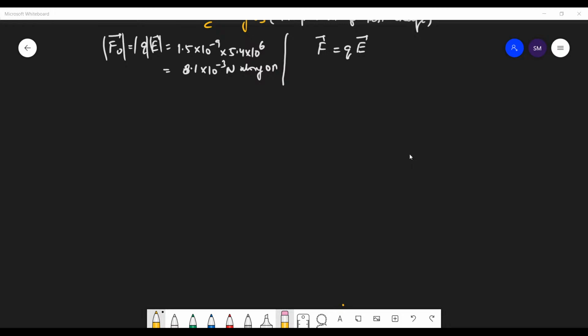So students, we are doing numericals from the exercise of chapter 1, Electric Charges and Fields.